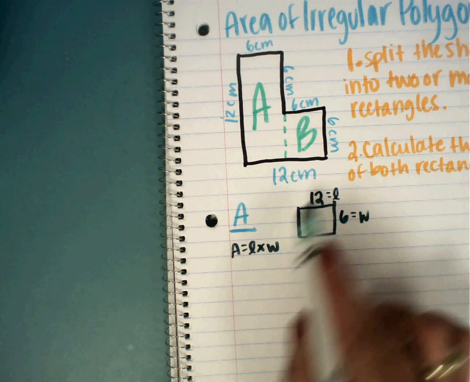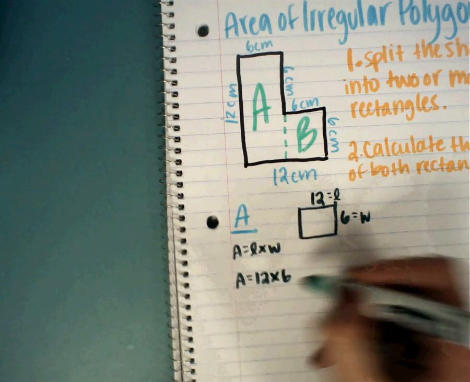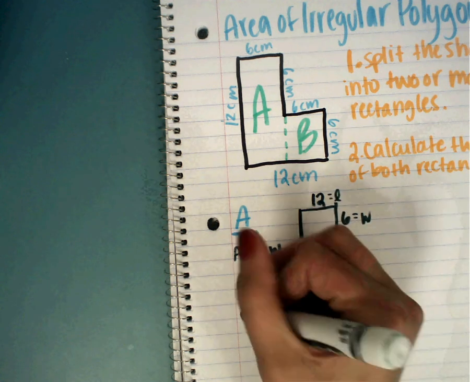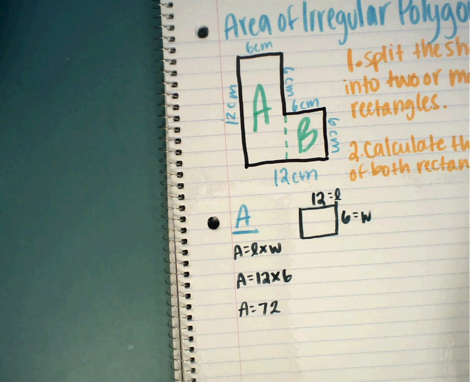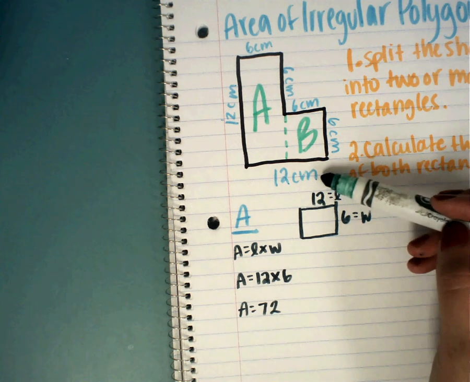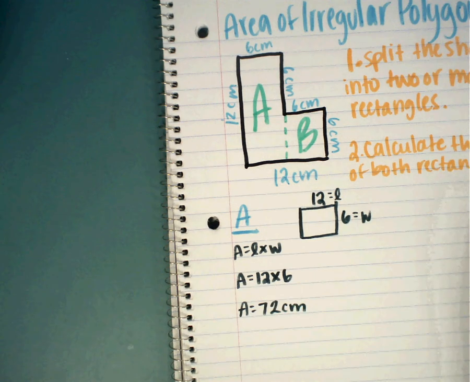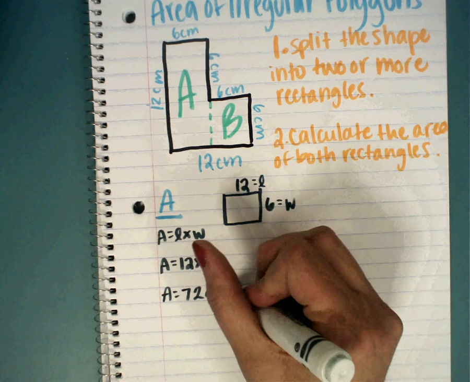What is 12 times 6? 72. 72 what? What's my unit? Is it just centimeters? I'm dealing with area, so it should be what? Centimeters squared, right? So that's the area of rectangle A.